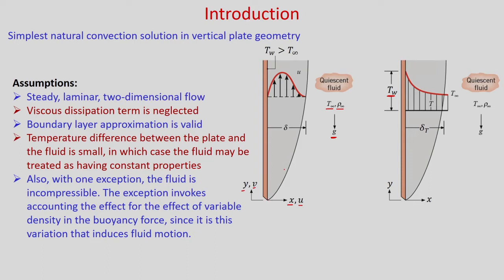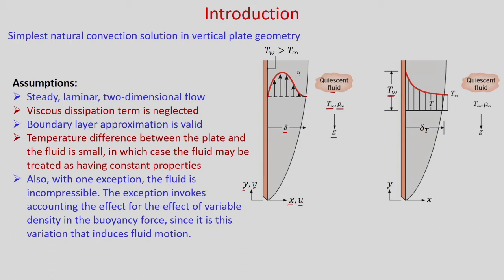So, here you can see in the first figure. There will be hydrodynamic boundary layer formation whose thickness is delta, and you can see the velocity distribution. Obviously, for the no slip condition on the vertical wall the velocity will be 0, and the outside ambient is quiescent fluid. So, obviously at the edge of the boundary layer the velocity will be almost 0.